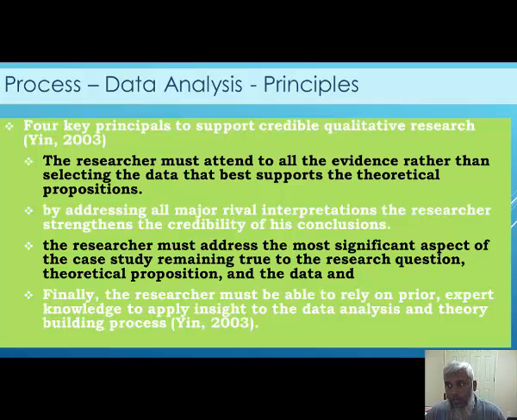Third, the researcher must address the most significant aspect of the case study, remaining true to the research question, theoretical proposition, and the data. And finally, the researcher must be able to rely on prior experts to apply insight to the data analysis and theory building process.